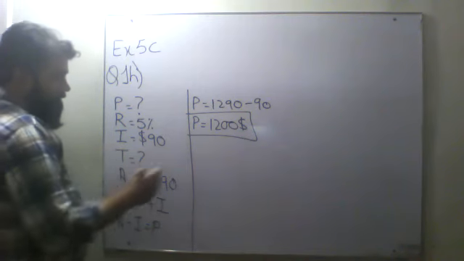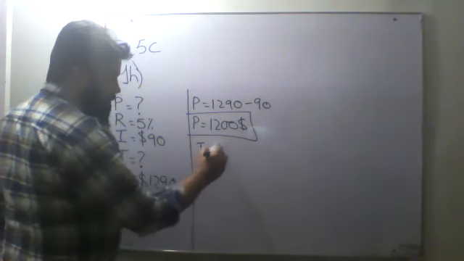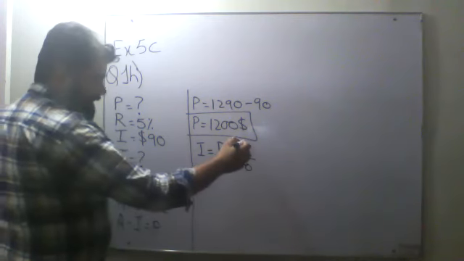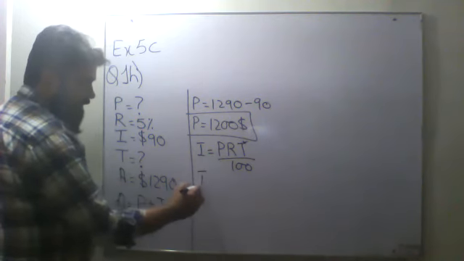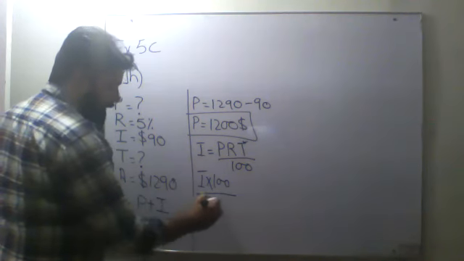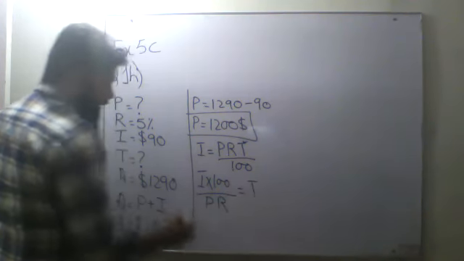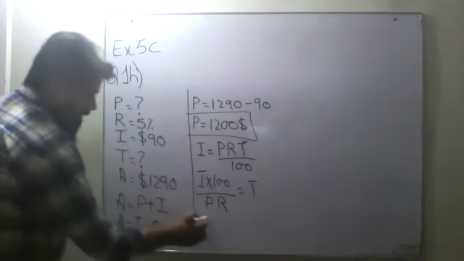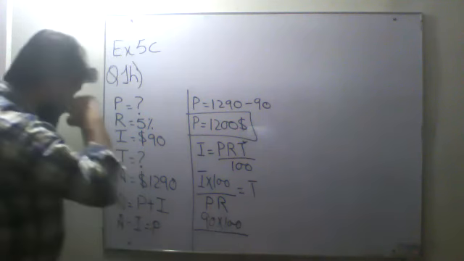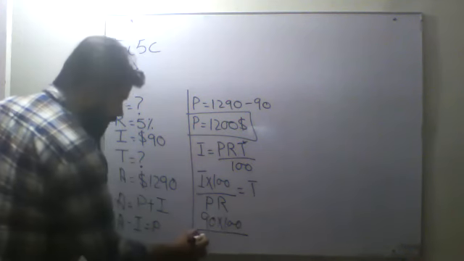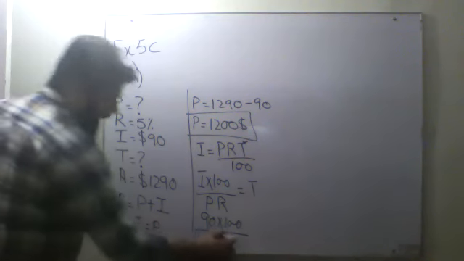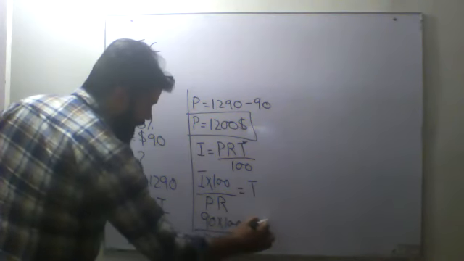Okay, so I have got my principal. Now I have to get the value of time. So I equals to PRT over 100. I have to find T, so I'm shifting everything on the other side. I into 100 divided by PR equals to T. The value of I is given, 90 into 100 over the P value, which I have found, 1200, and the R value is given, 5, equals to time.